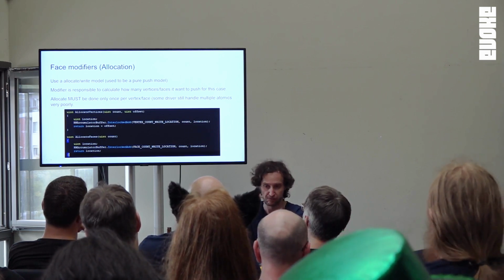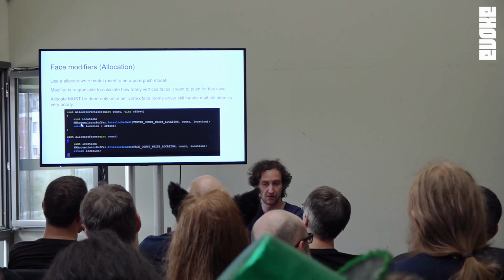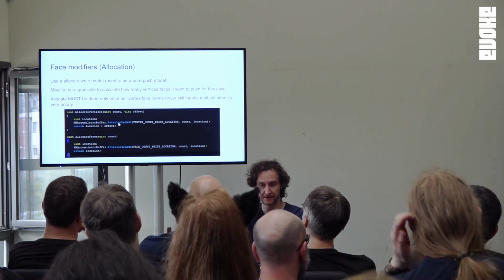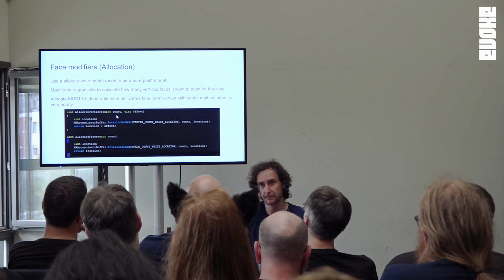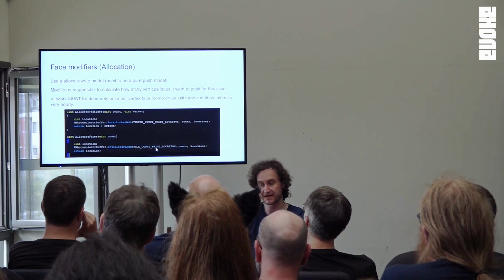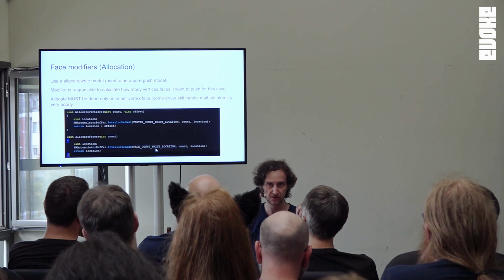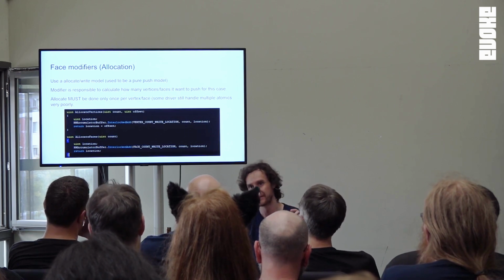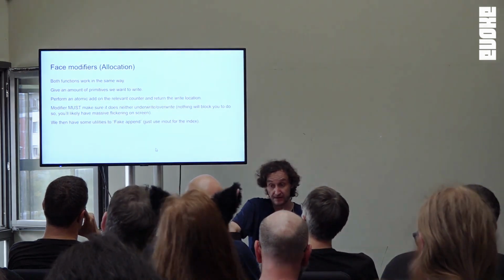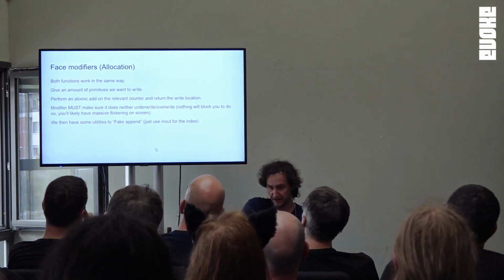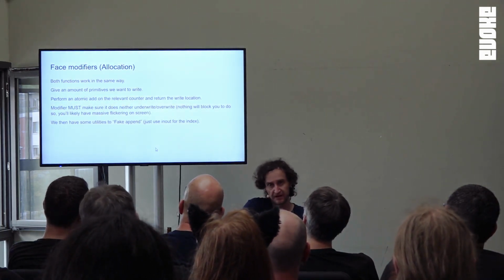Allocate vertices is pretty straightforward. You just say, we have our buffer location with our vertex count, and I need 3 more vertices. And for face, I can say I need 5 more triangles. But you have to only call those functions once each. You're not allowed to call them more than once. And obviously now, if you overwrite, then it's up to you.